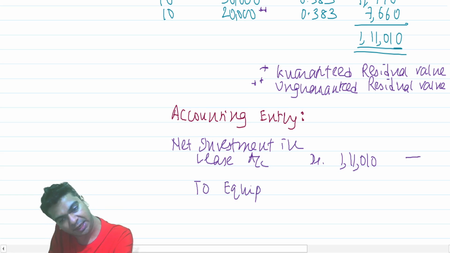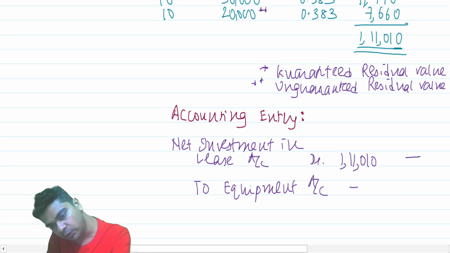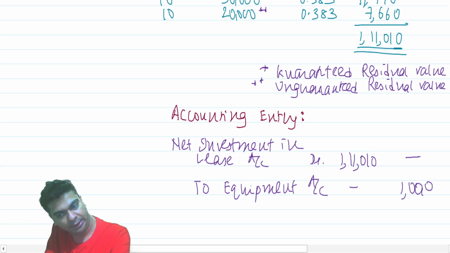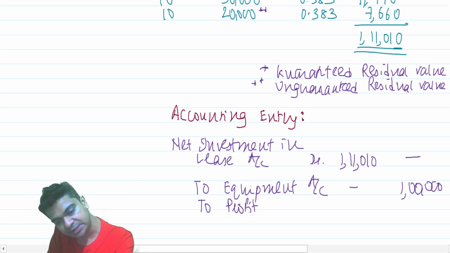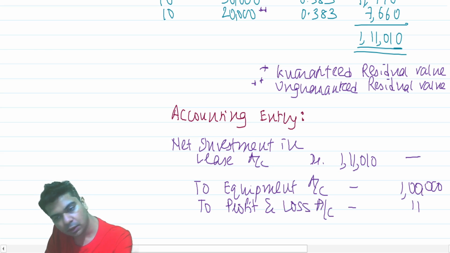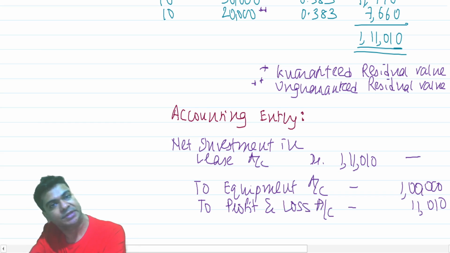So we will derecognize the equipment at its carrying amount, 1 lakh. The difference between the two is your selling profit, which needs to be recognized in the profit and loss account. So I say to profit and loss account, 11,010.